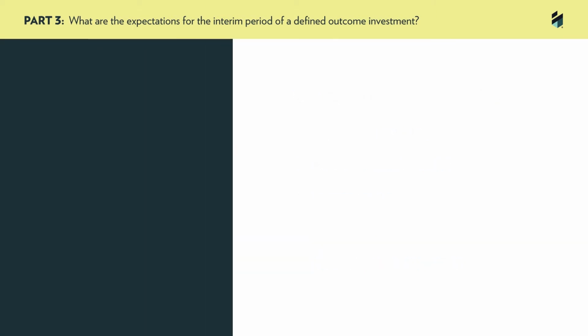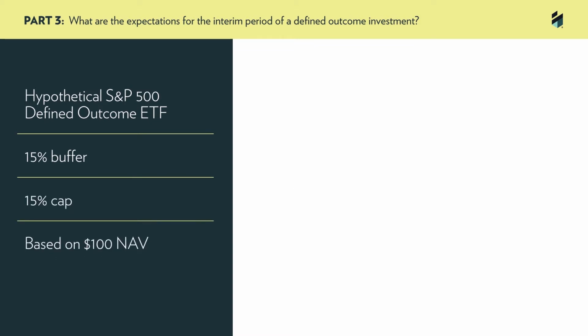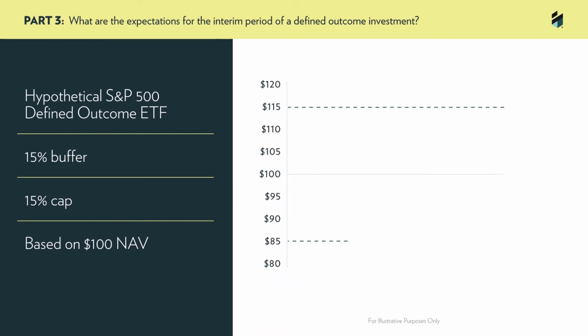For example, consider a hypothetical S&P 500 defined outcome ETF with a 15% buffer and a 15% cap based on an NAV of $100. With a 15% cap and a 15% buffer, the cap price level is $115, and the buffer price level is $85 for an investor who buys the ETF at $100.